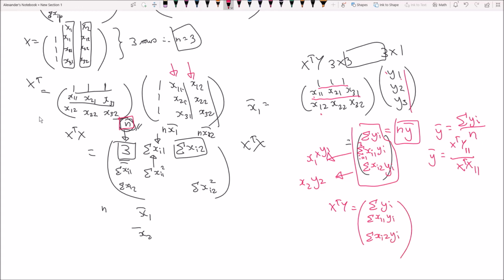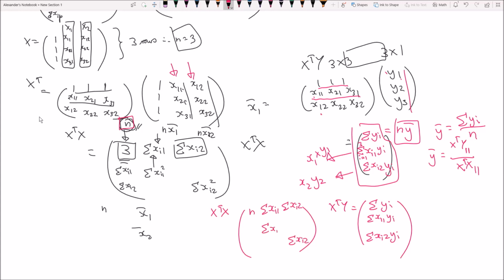And these values you can use to calculate various other things, but the most important things you need to know from X transpose X and X transpose Y is that they are similar to the formulation that we had for the simple linear regression model, and that we can retrieve the entries for various values directly from these matrices.